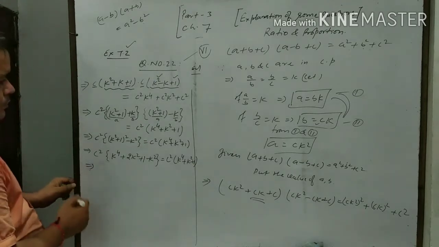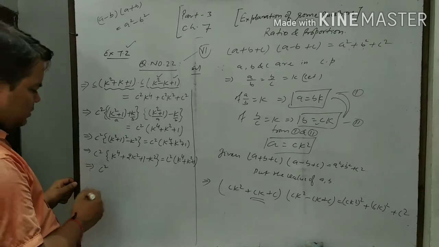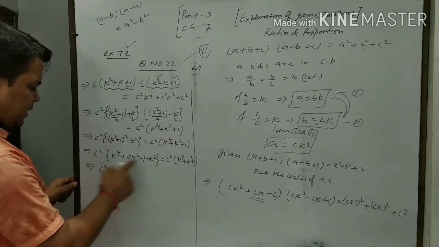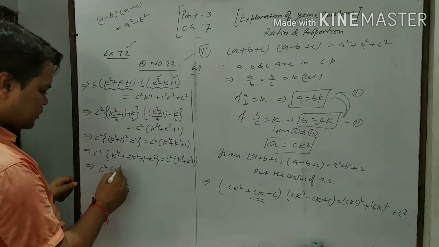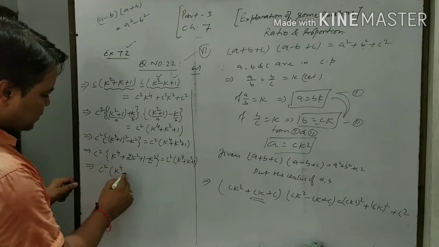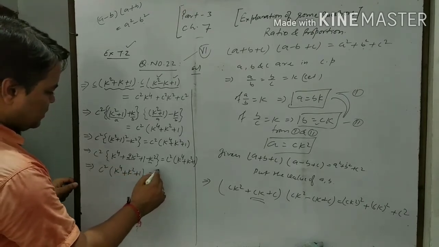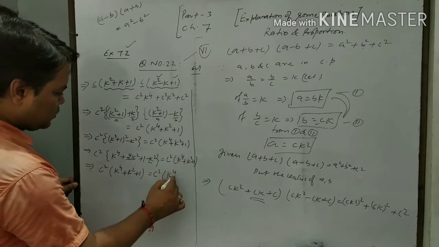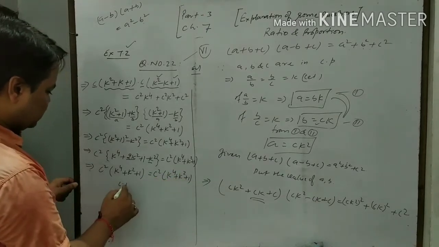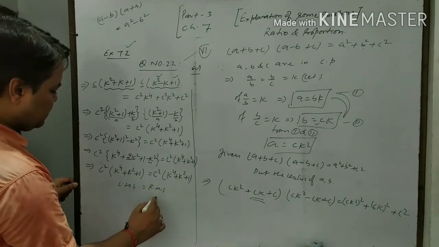Now c square is common, and here I just change this bracket by this, it will be k raised to the power 4, 2k square minus k square will be k square plus 1, and here the same thing, k raised to the power 4 plus k square plus 1. It means here the left hand side is equal to the right hand side.